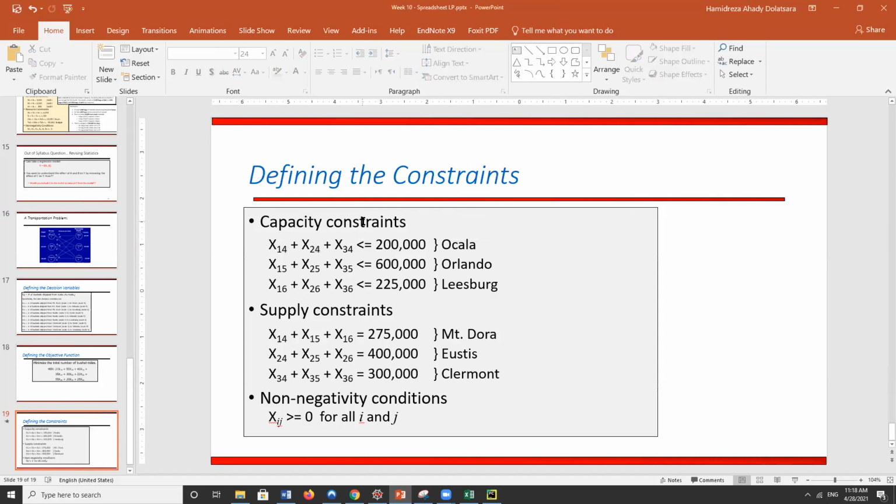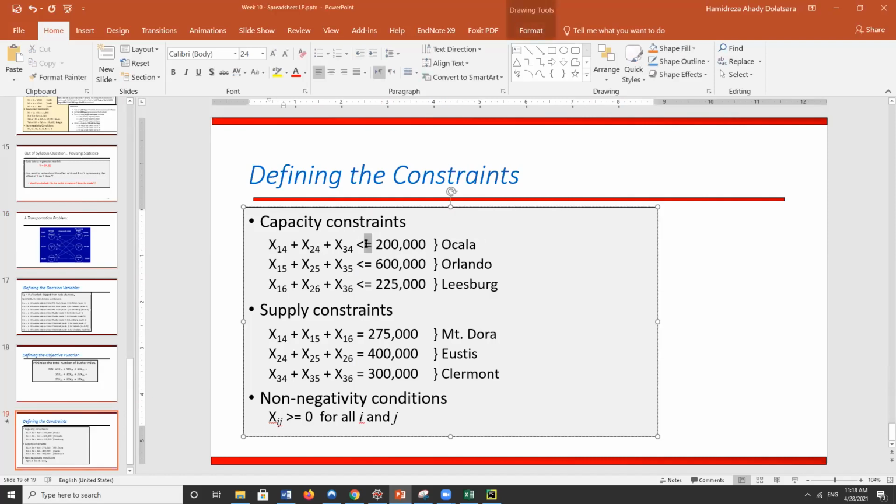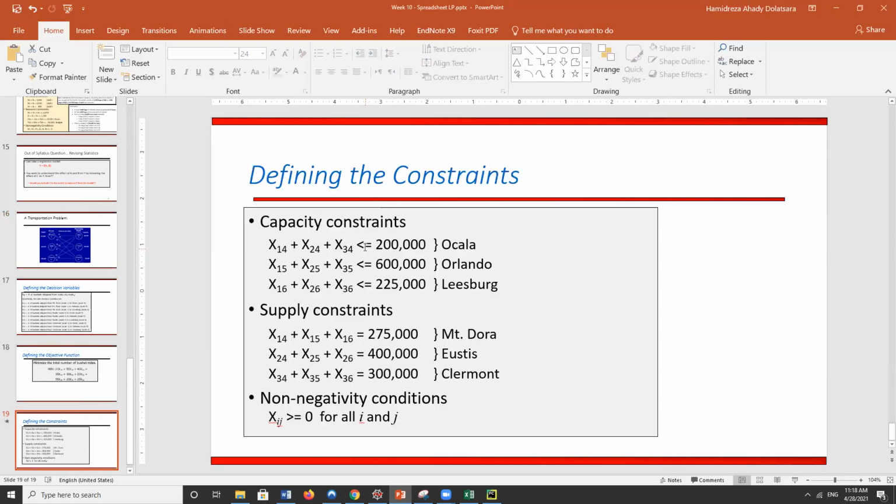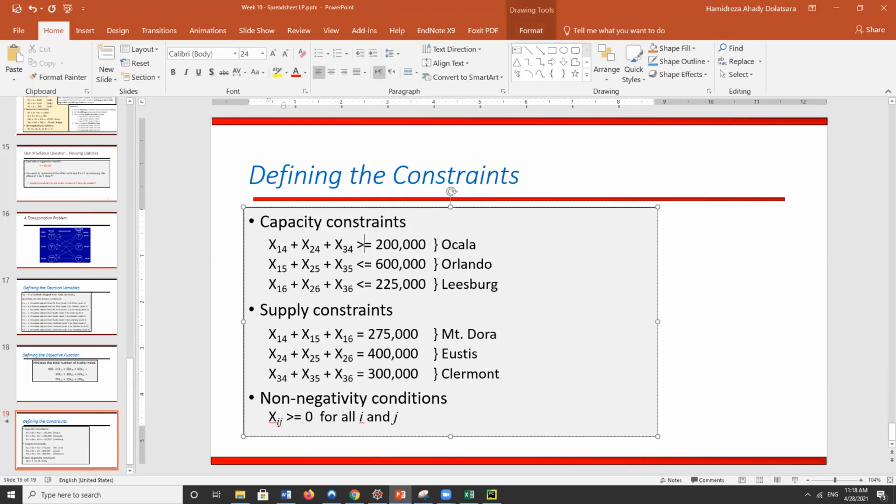Based on policy here, again, it just depends on how it makes sense and how you want to define the problem. I said less or equal. It just means I don't want to send more than what I can process. If I make it greater than or equal to 200K, it just means Excel maybe at the end will tell you to send 210K. So you have 10K extra resource that you might waste.